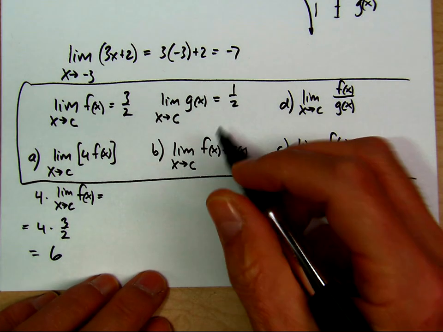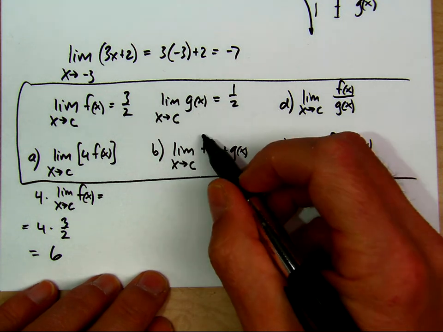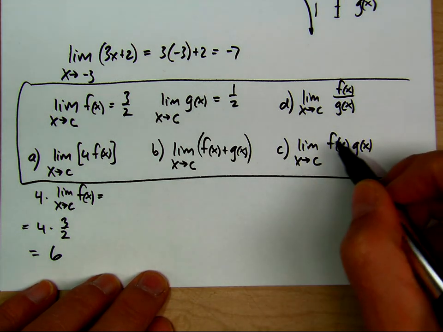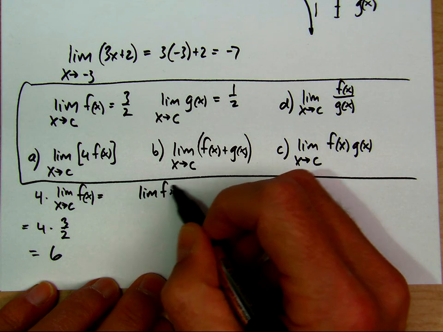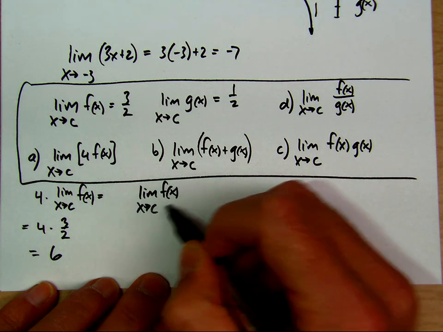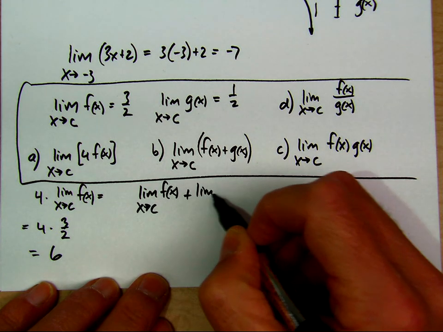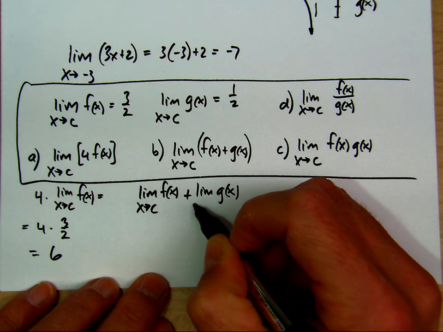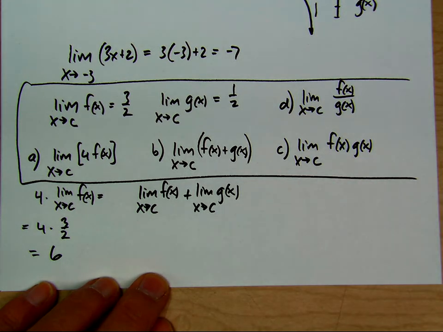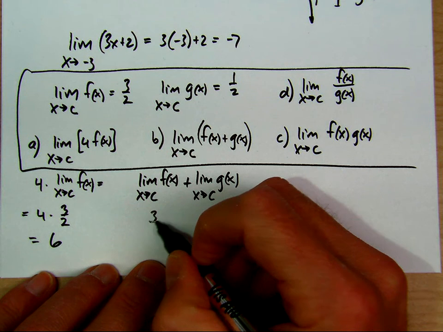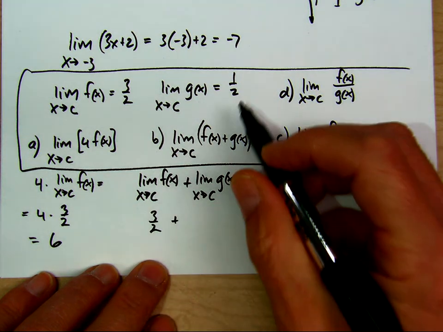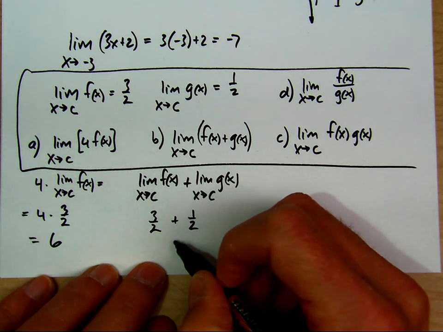So here we can, that should be like that. Limit of f and then limit of g. So the limit of f is 3/2 and the limit of g is 1/2, 4/2.